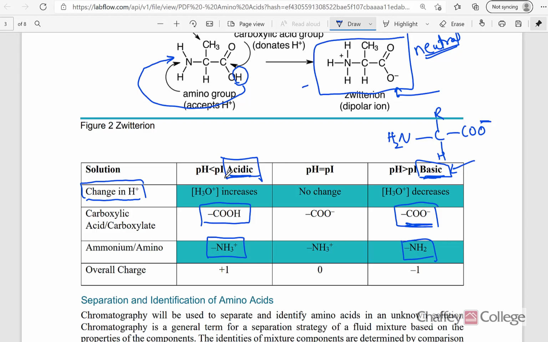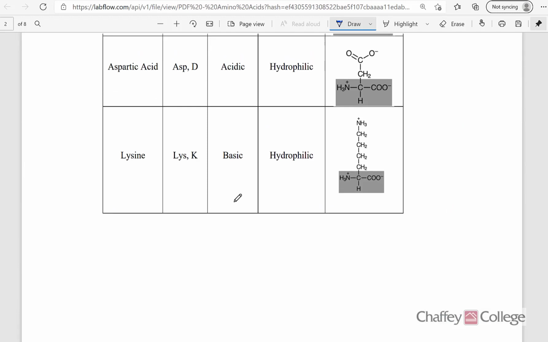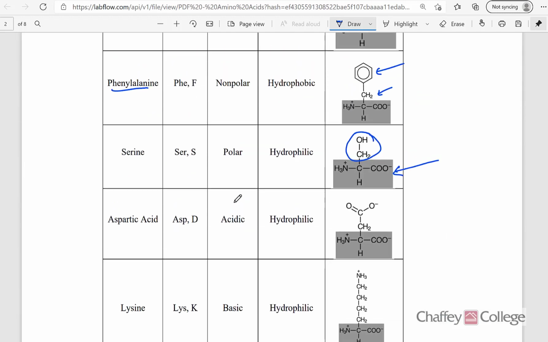So this will be the first section of our lab report in which we write down the structures of various amino acids, and the structures of these amino acids are given in this table. So you will take a look at this table and find the structure.